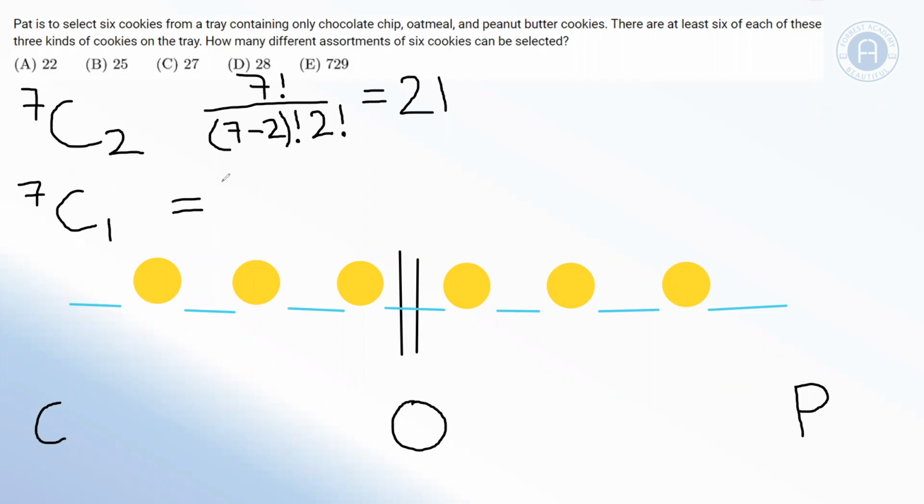Either way, there are 7 possibilities of having 0 oatmeal cookies. So there are 21 possibilities where we have at least 1 oatmeal cookie, and 7 possibilities where we have 0 oatmeal cookies. So altogether, we have 28 possible combinations of those 3 cookies, which is our answer D.